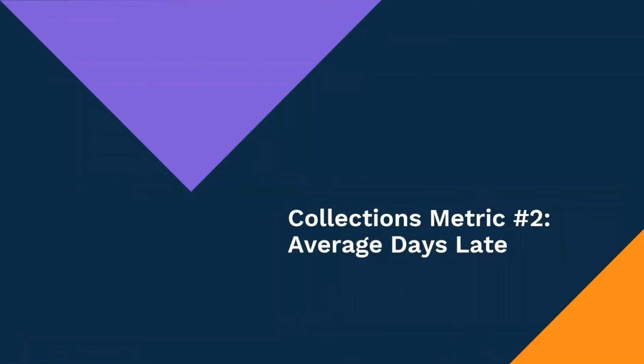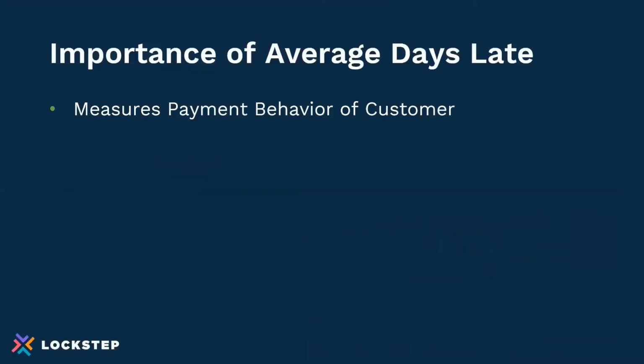The next metric is average days late. It's a behavioral metric that looks at the payment pattern of an individual customer. Average days late lets you predict a customer's payment behavior, and as a result, predicting the invoice payment is valuable in the collections decision-making process.